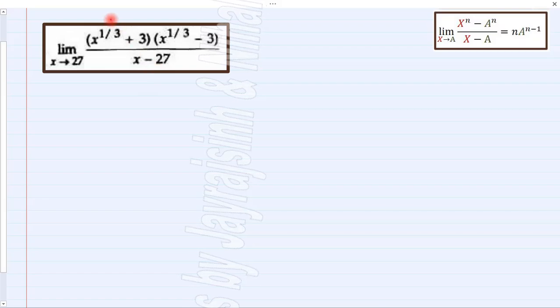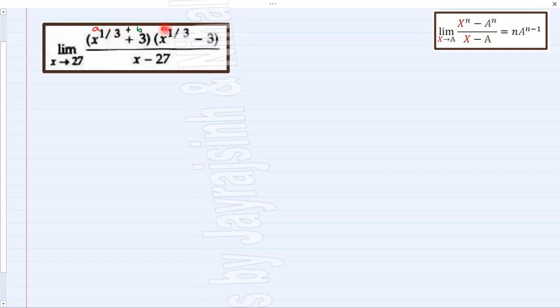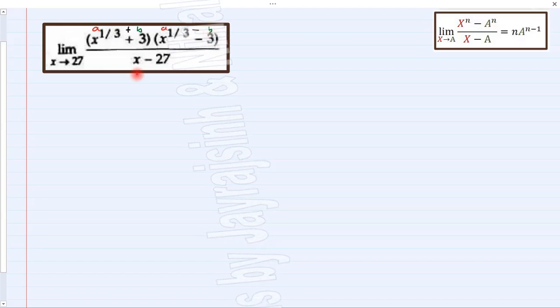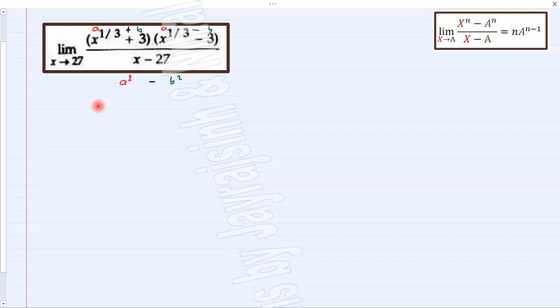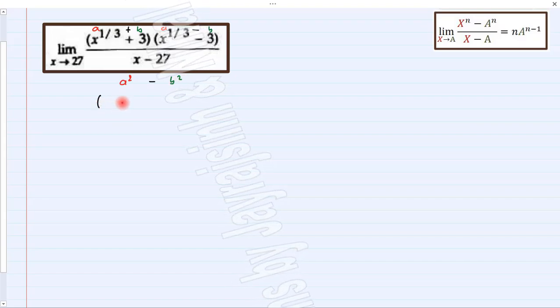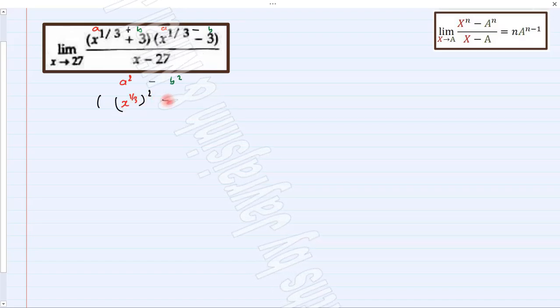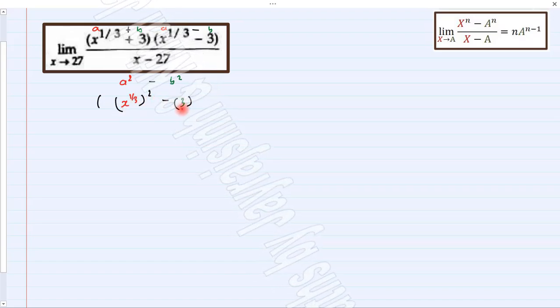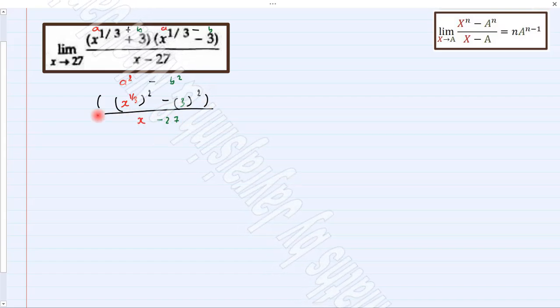Now, in numerator, we have a plus b into a minus b, which will become a square minus b square. So your numerator will be square of the x raised to 1 by 3 minus 3 raised to 2 upon we have x minus 27.